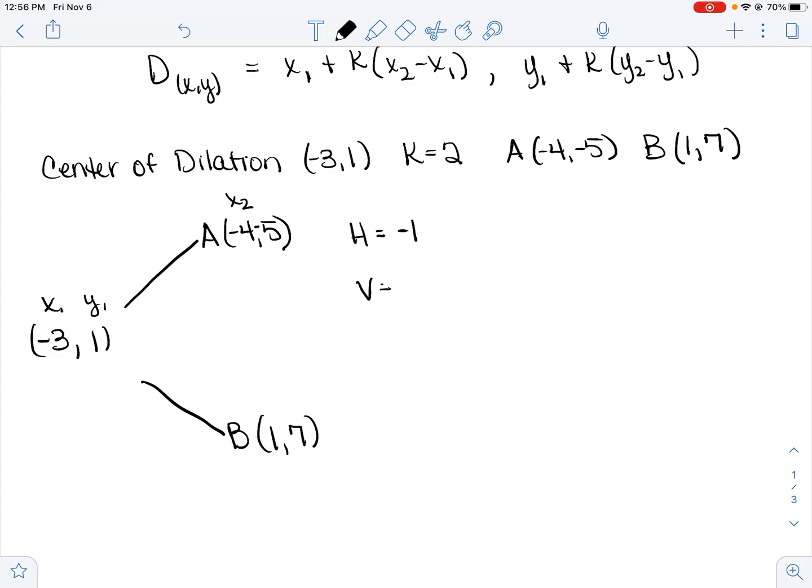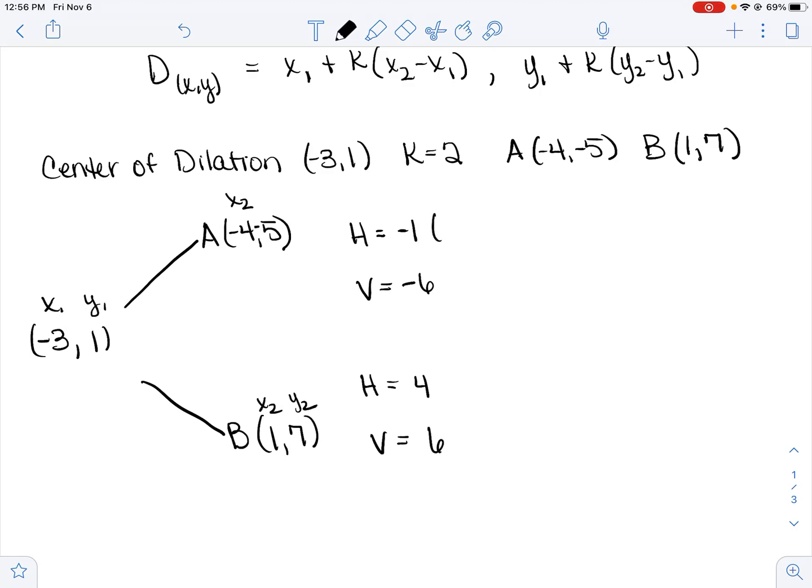Find my vertical change. -5 minus 1 gives me a -6. Horizontal change for B. Now this becomes our x2. 1 minus a -3 gives us a +4. It's going 4 units to the right. Our vertical change would be y2 minus y1, so 7 minus 1 will give us 6.